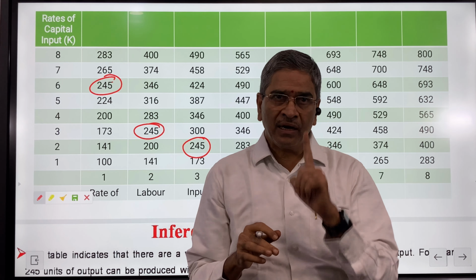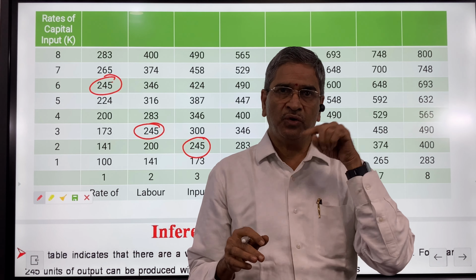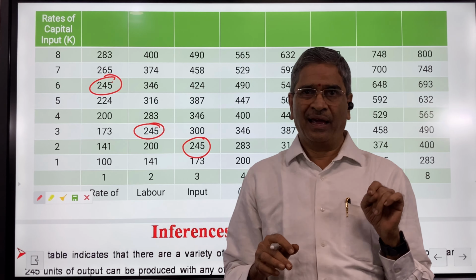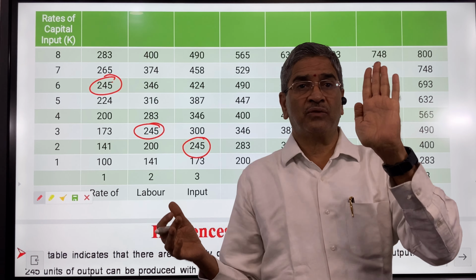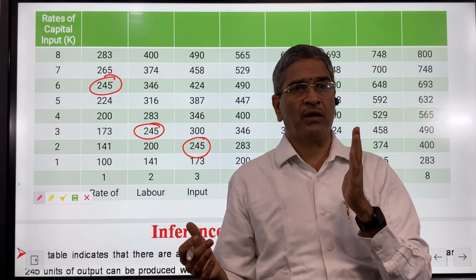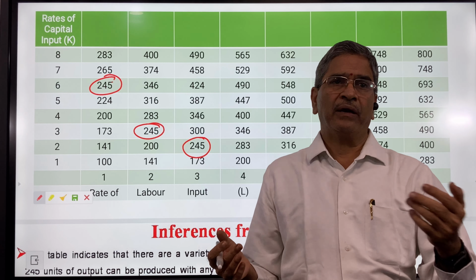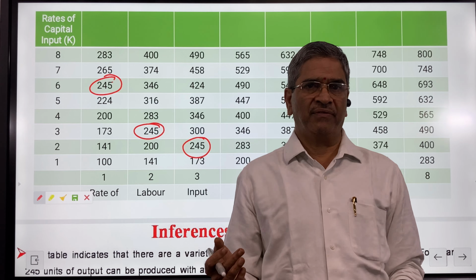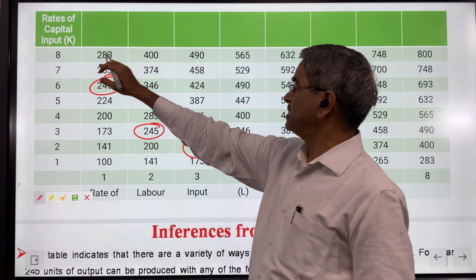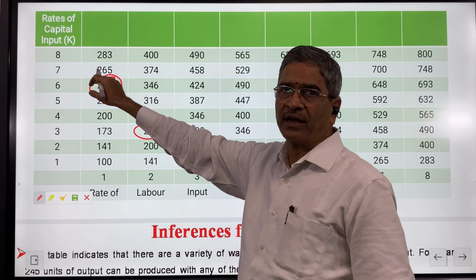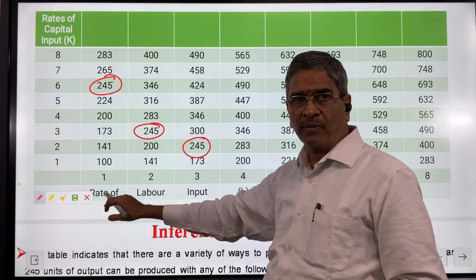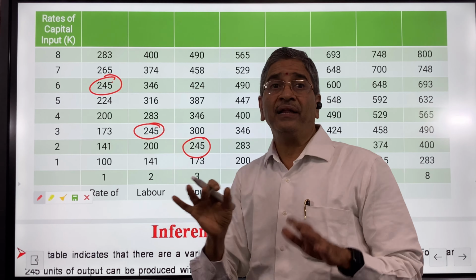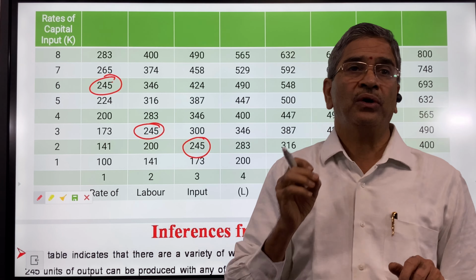You have 1 unit of labor, that means only yourself is the labor, the L value. And there are 6 units of capital, because to buy a smartphone or a computer you are investing around 30,000, 40,000 rupees. So you are investing about 6 units of capital, for example, whereas you are the only worker. This is called a highly capital intensive industry.